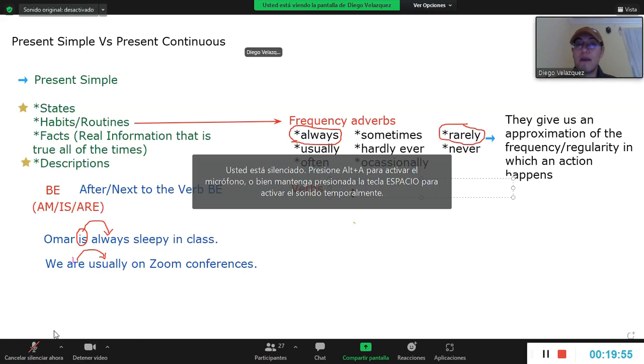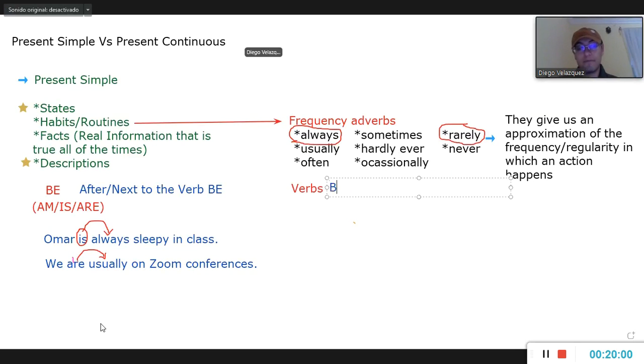But attention, remember that with the rest of the verbs it is the opposite. In the case of the other verbs that exist in English, the frequency adverbs go before the verb, not after. It's the contrary from the verb to be.